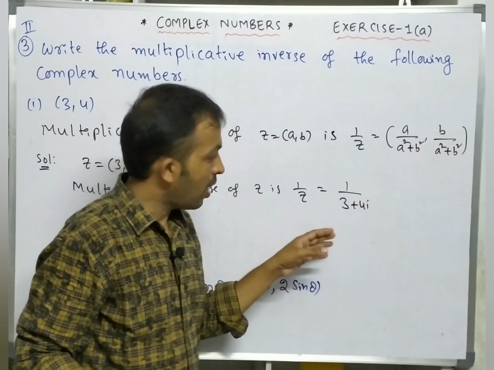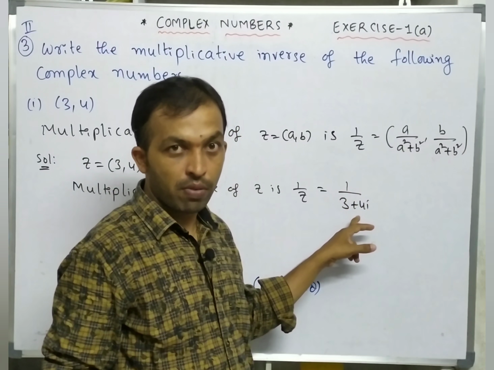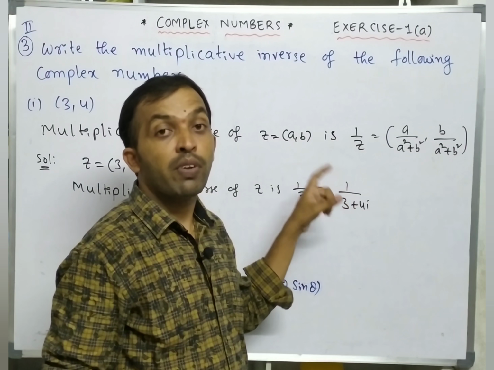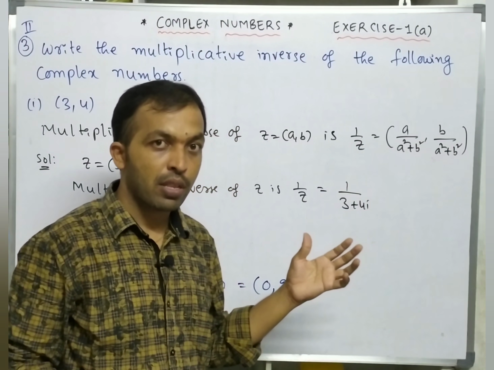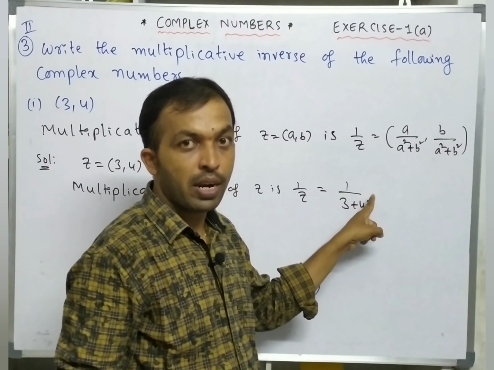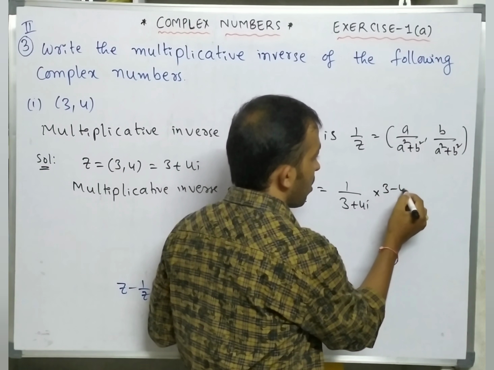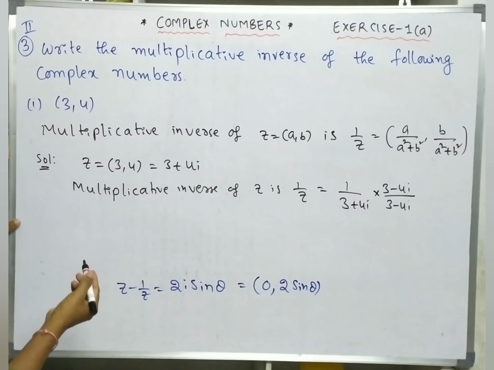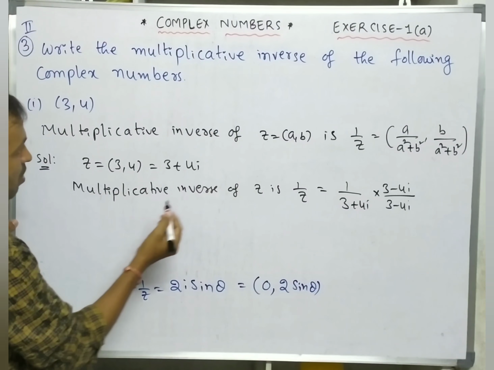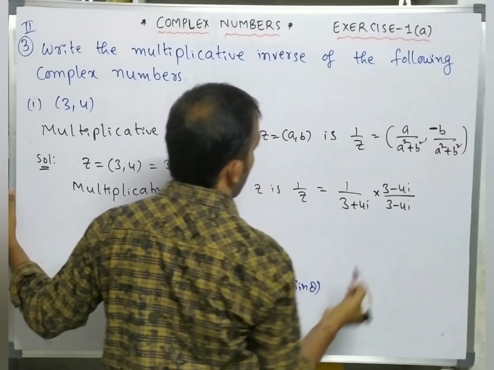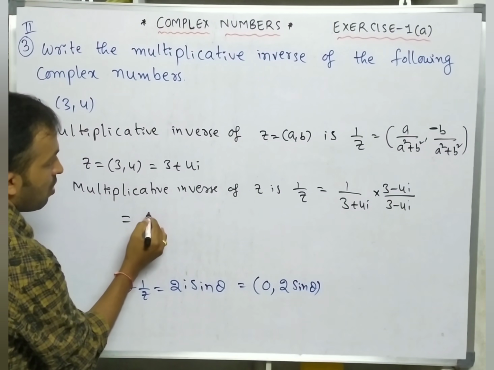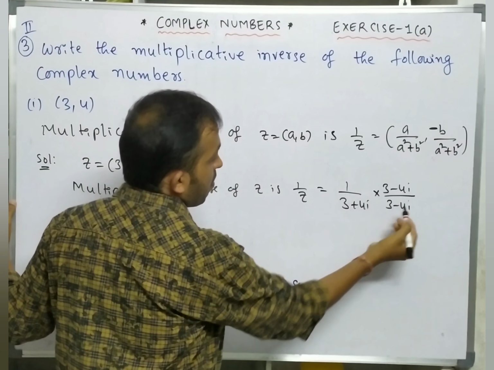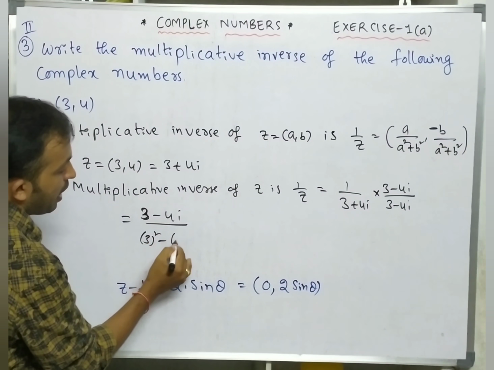Already I have explained that if it is in this form, we should convert into a plus ib form, that is complex number form. So for that, multiply numerator and denominator with the conjugate, that is 3 minus 4i by 3 minus 4i. Which is equal to 3 minus 4i by a plus b into a minus b, a square minus b square.